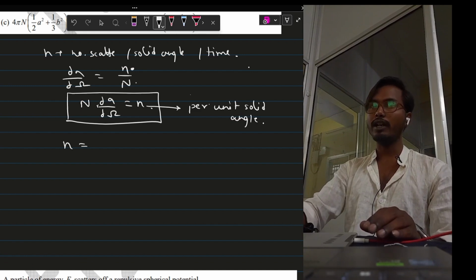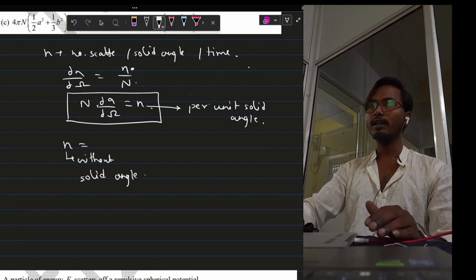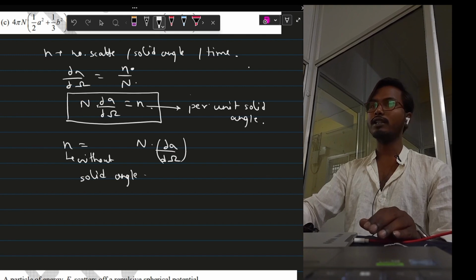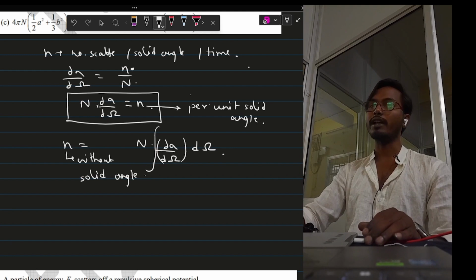So n without solid angle is N times d sigma, the differential scattering cross section, integrated over all of the solid angle.